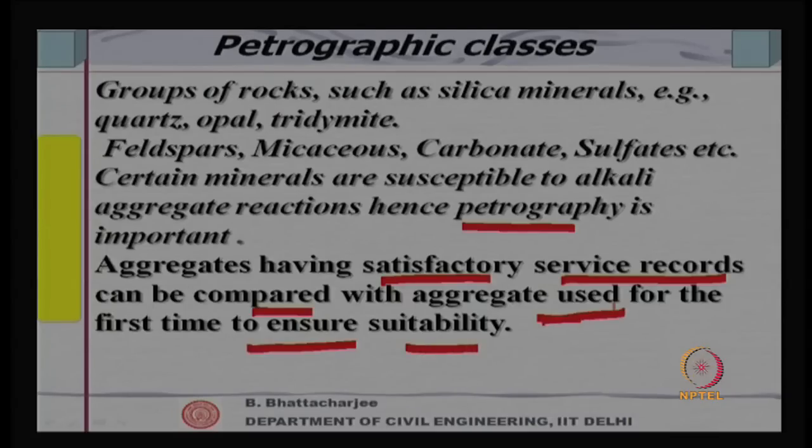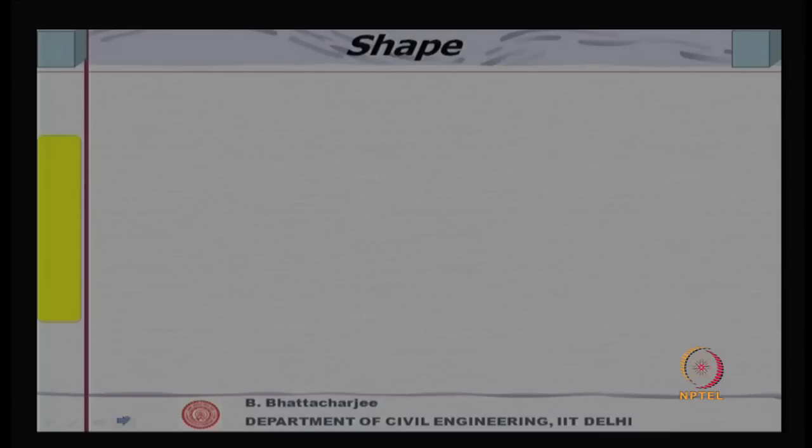If you are using it for the first time, that is where you have to look into their suitability. The ones which have been used for a long period of time, one need not bother about them. So, petrography is done in order to find out the mineralogical composition, type of minerals present, and to identify whether potentially alkali aggregate reactive minerals are present or not.